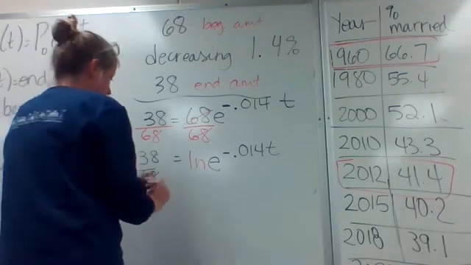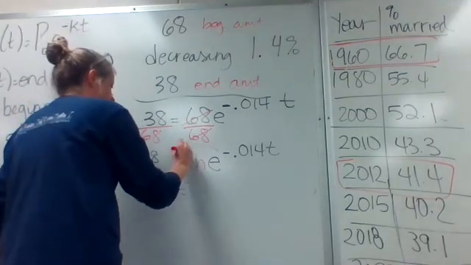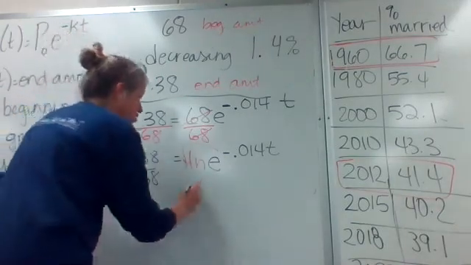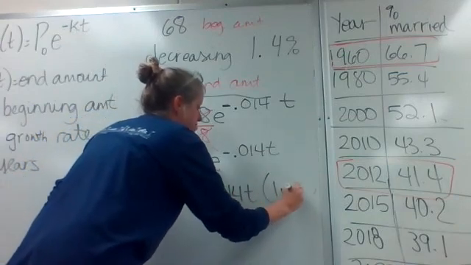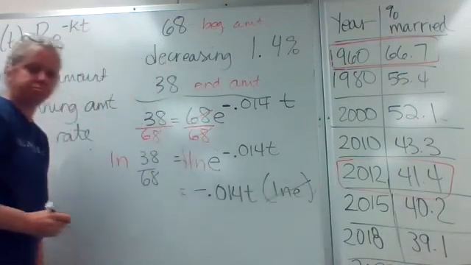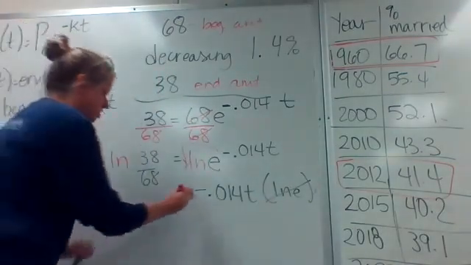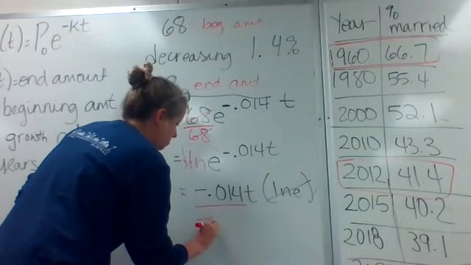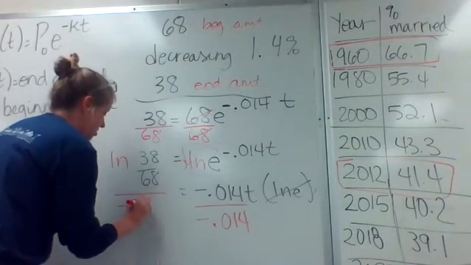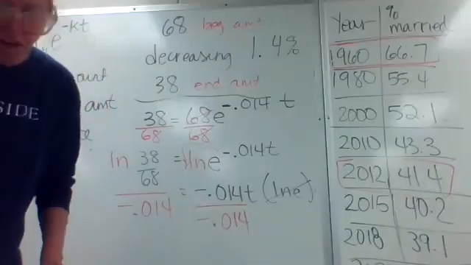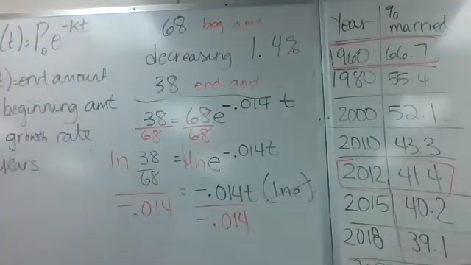All right. When I ln the left side, now I can bring down my exponent, negative 0.014 T times ln of E. So now I just need to divide by negative 0.014. And we're going to round it to the nearest year.